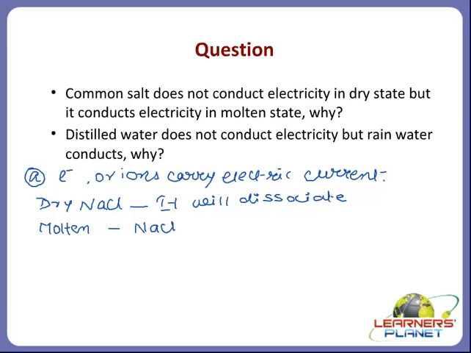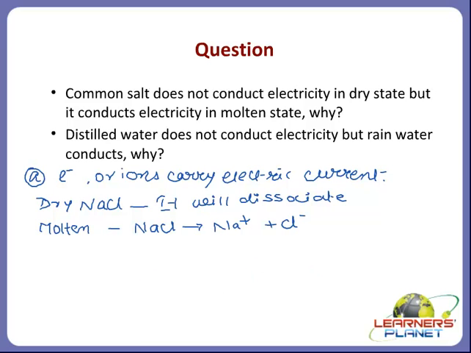Here NaCl will be dissociated, giving what? Na plus and Cl minus ions. Now there are ions, and these ions will conduct electricity.